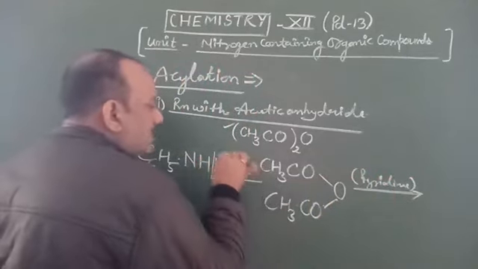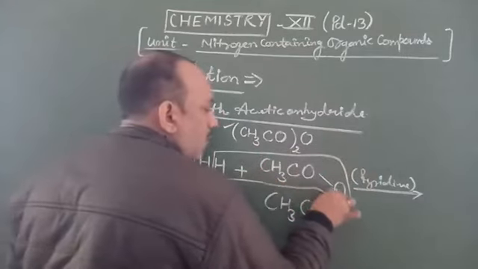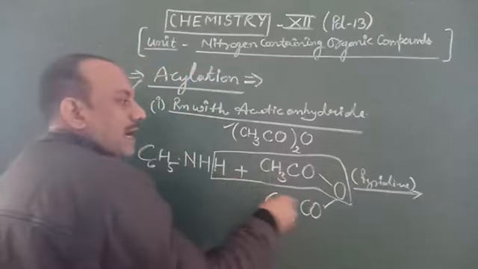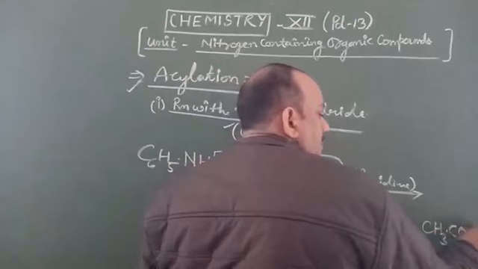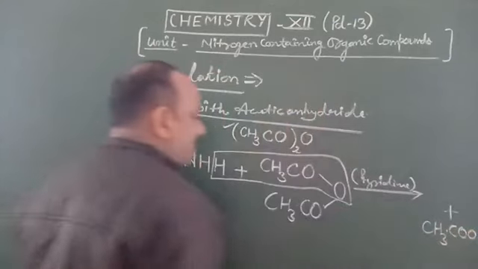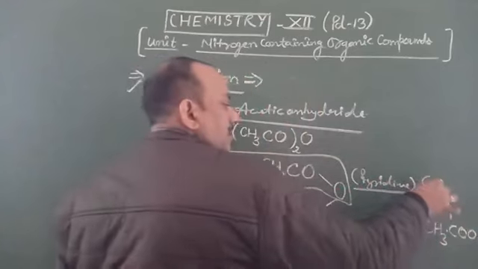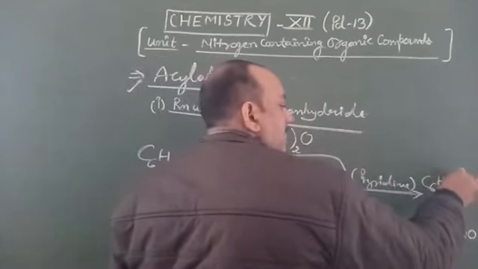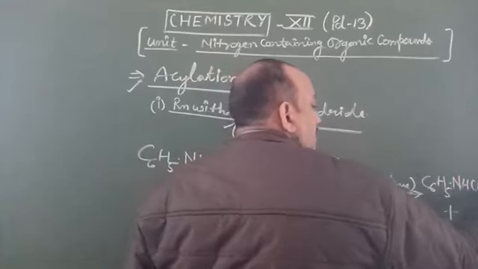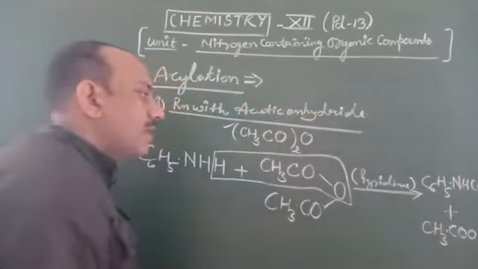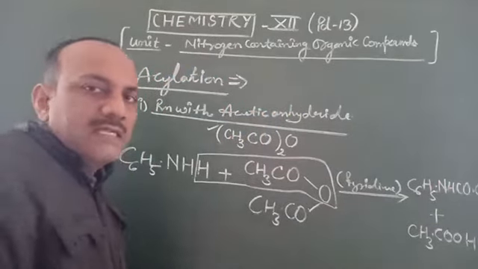A single hydrogen atom is subtracted, and with CH3COO it makes acetic acid. Now it gives C6H5NHCOCH3. This product is known as acetanilide.